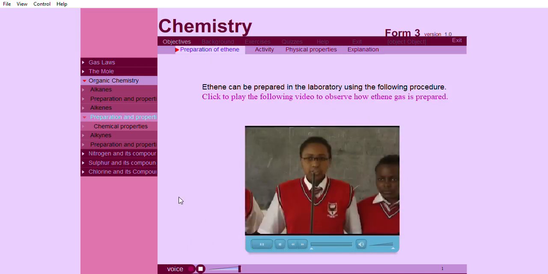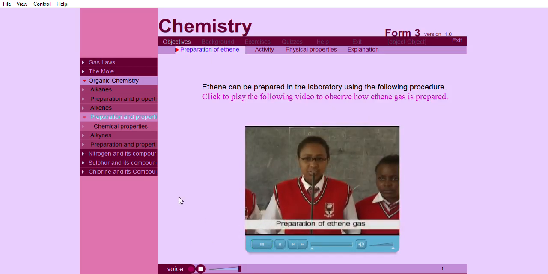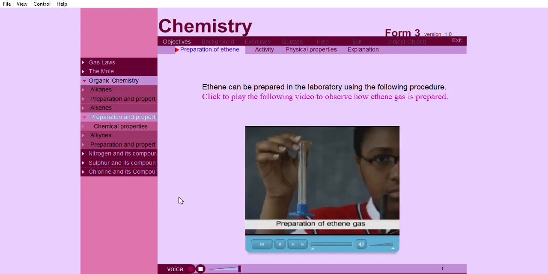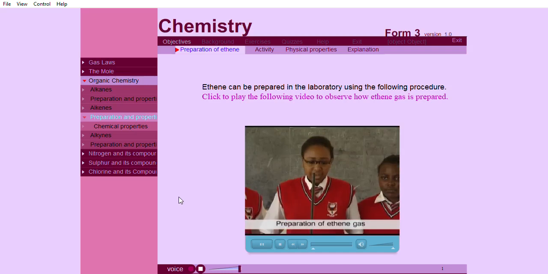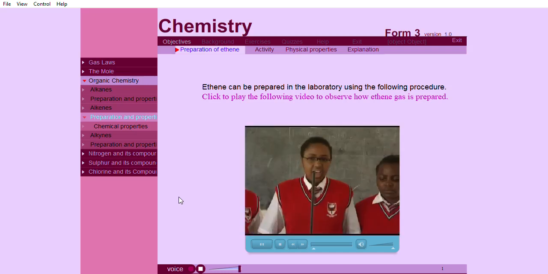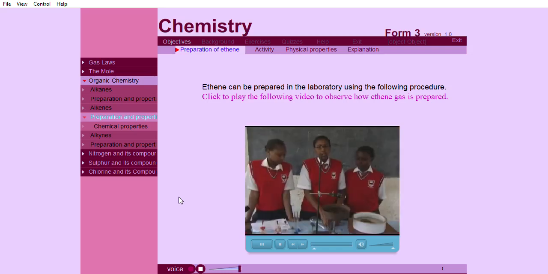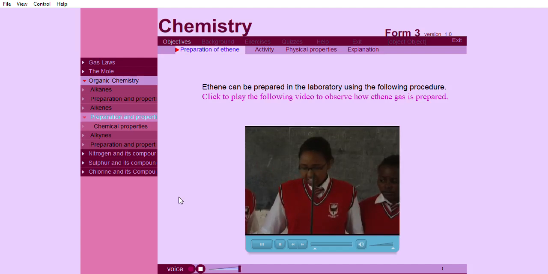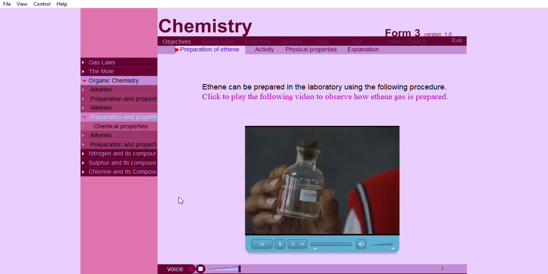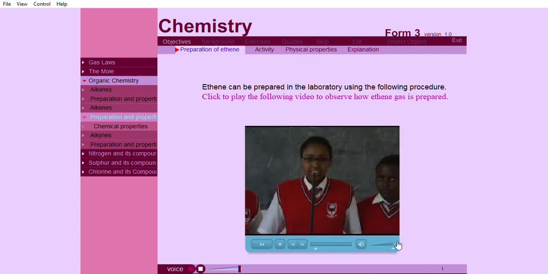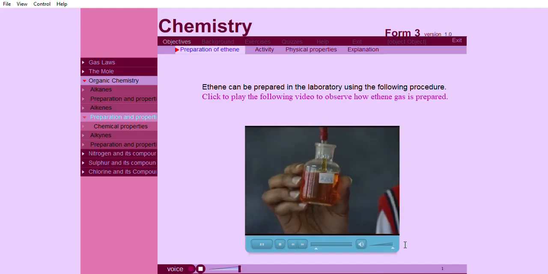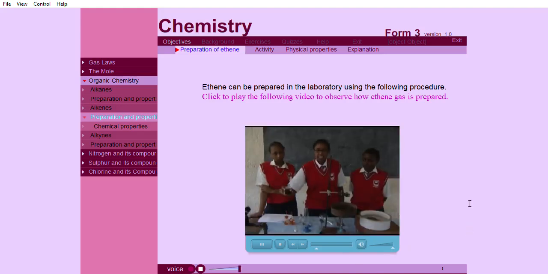In the preparation of ethene gas, the apparatus and reagents to be used are a 100 milliliter measuring cylinder, a 10 milliliter measuring cylinder, a Bunsen burner, a stand, a water trough, a round-bottomed flask, and empty boiling tubes. And the reagents are ethanol, concentrated sulfuric acid, potassium dichromate(VII), acidified potassium manganate(VII), and bromine water.